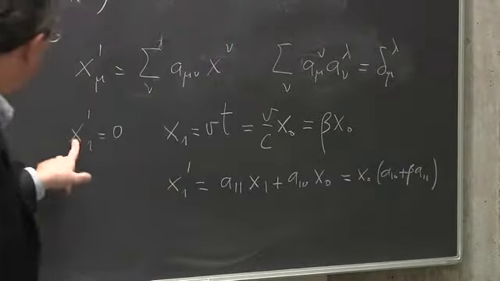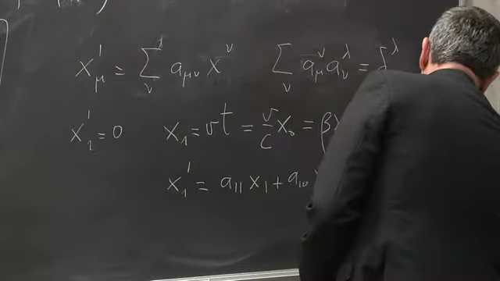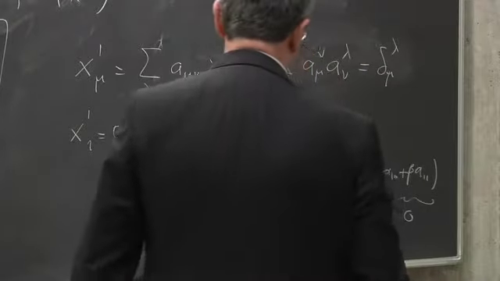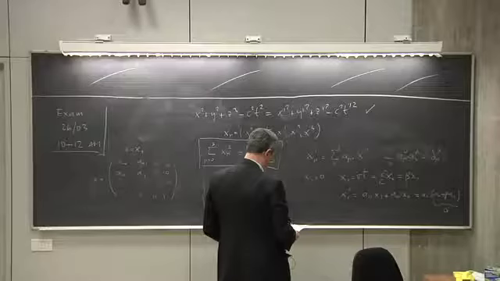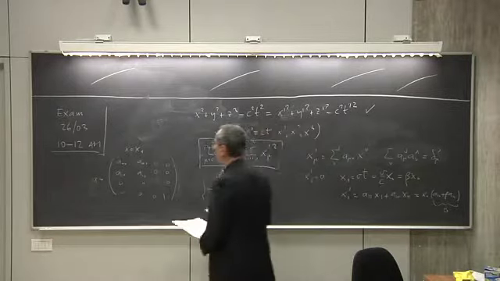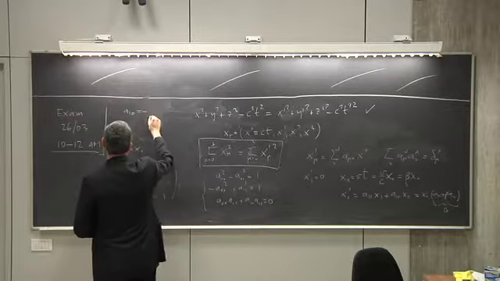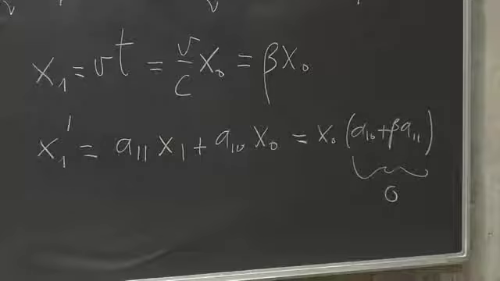But I started out with x1 prime equal to 0, so that means this must be equal to 0. So a10 must be equal to minus beta a11.